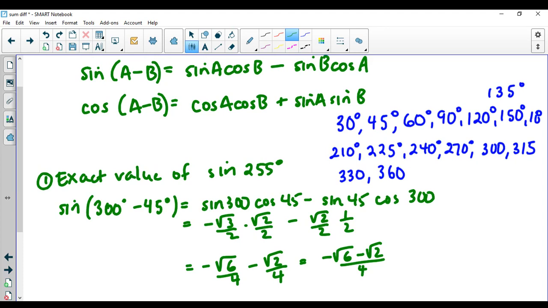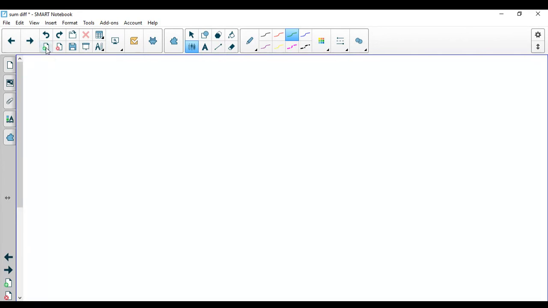So what I'm going to do now, I said I was going to do two, but they're very similar. I'm going to do one last example where I'm going to ask you to find the exact value of, let's see which one I can do, 300 or 255.